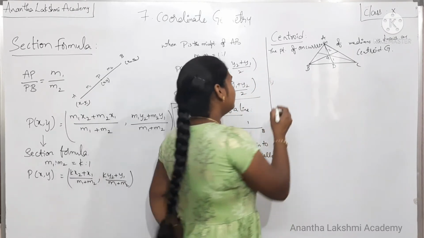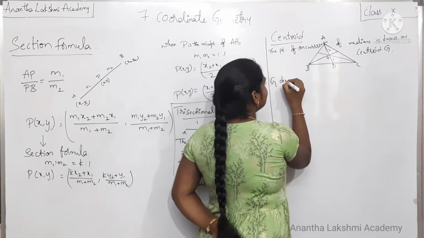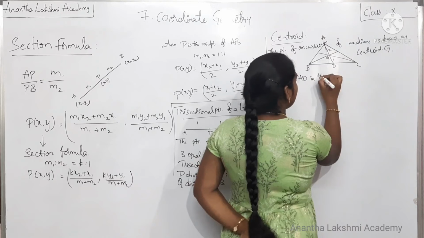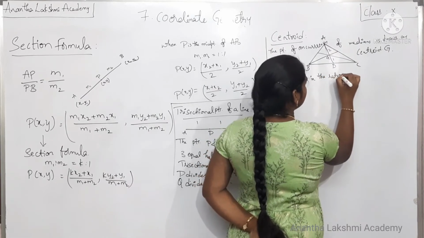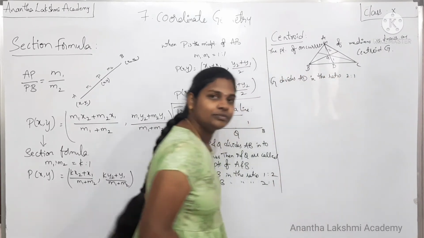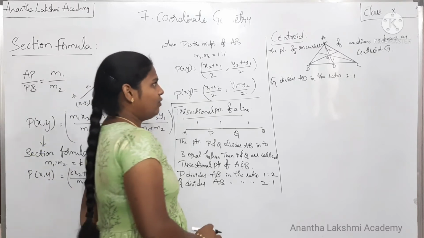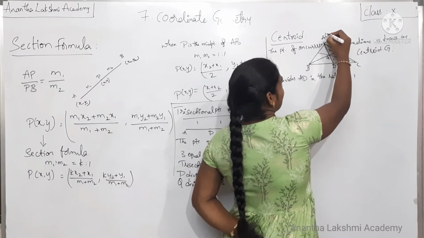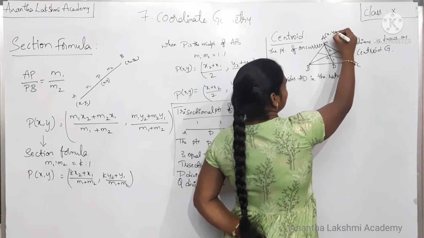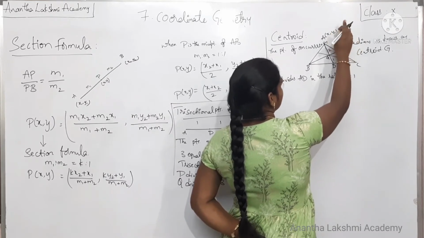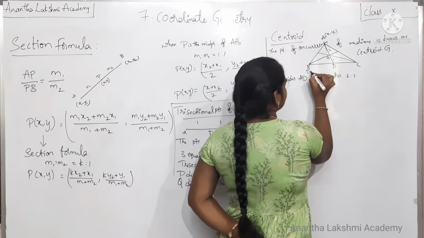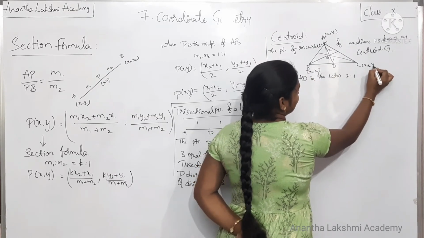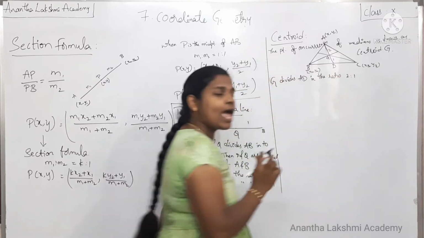Now you know the notation. So G divides AD in the ratio 2:1, isn't it? Now if I say A as x1 y1, B as x2 y2, and C as x3 y3. Now what happens to D?